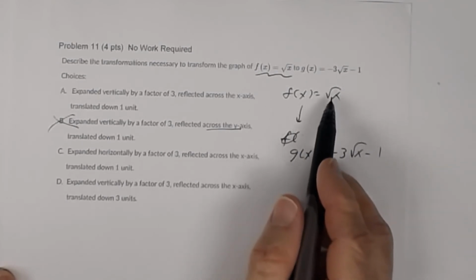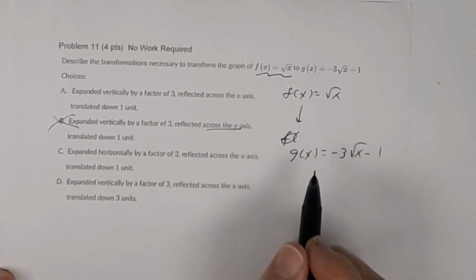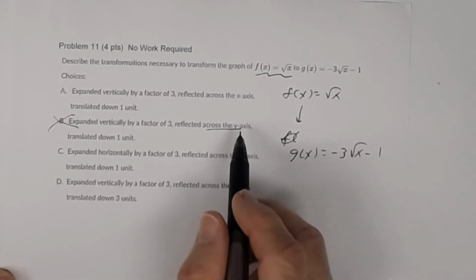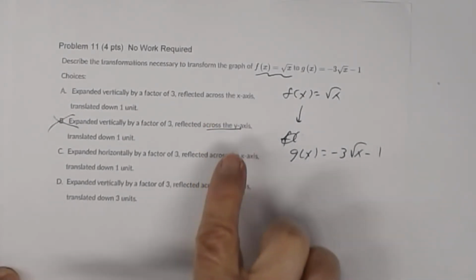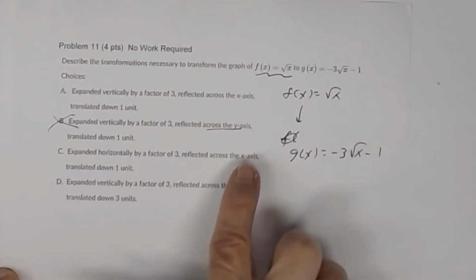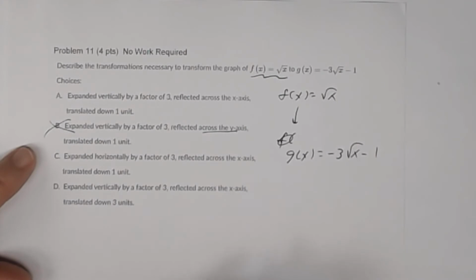If the negative was on the inside, then that would be a reflection about the y-axis. But it's not, it's on the outside, so right away we can eliminate this. So this is eliminated. So that leaves us with A, B, C, and D, because that's the one that only has reflect about the x-axis. Okay, so at least we know we have reflected about the x-axis.